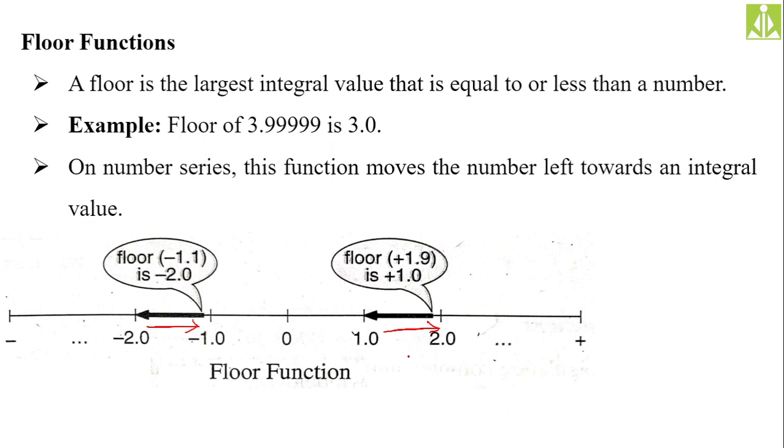So for positive numbers it is the same as the floor function, and for negative numbers it is the same as the ceil function. Hopefully you understood. It always looks for the nearest possible integral in the direction of 0, not in the right hand direction, not in the left hand direction.